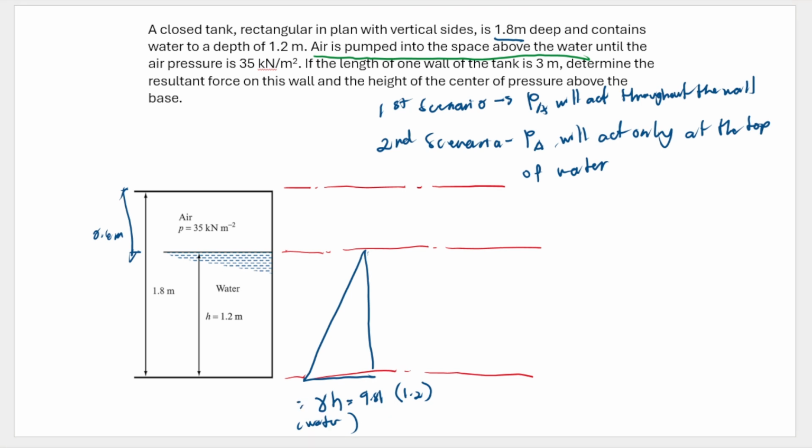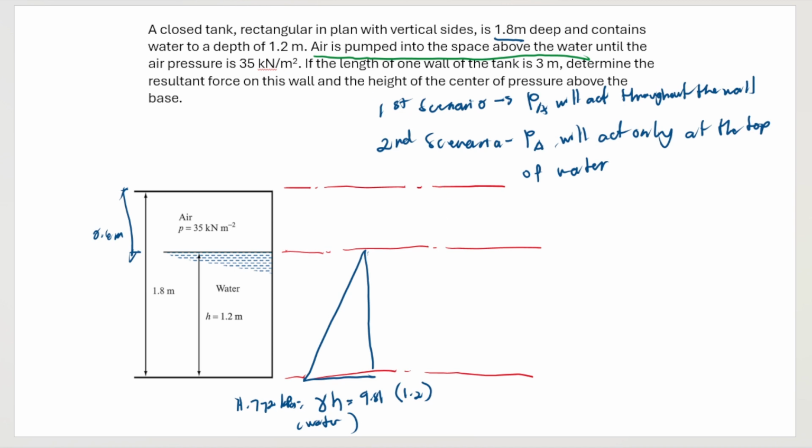And that is equal to 11.772 kilonewton, or 11.772 kilopascal. That is because we used kilonewton per cubic meter.